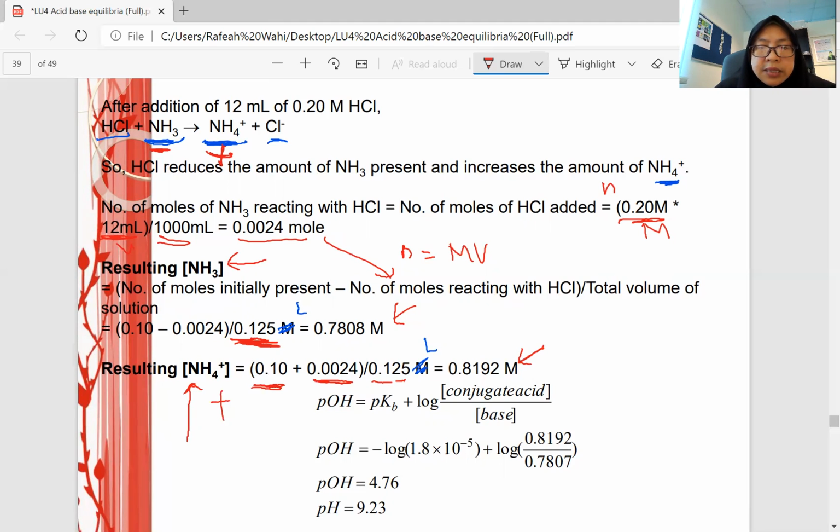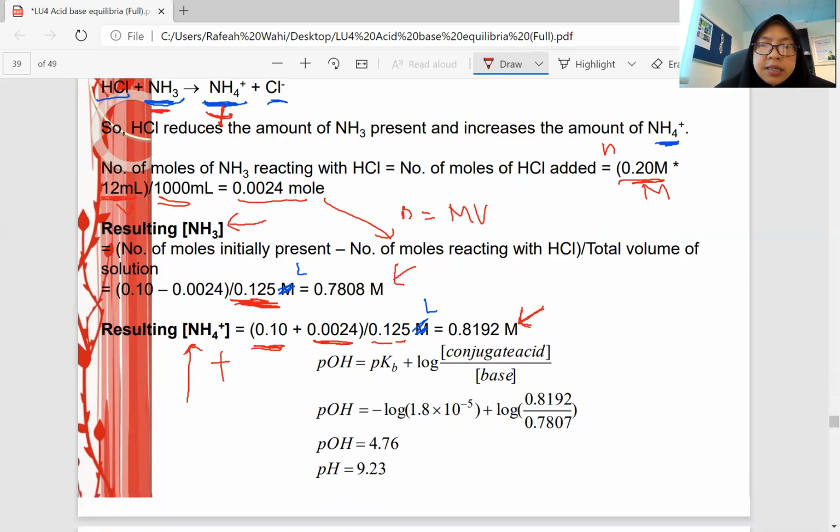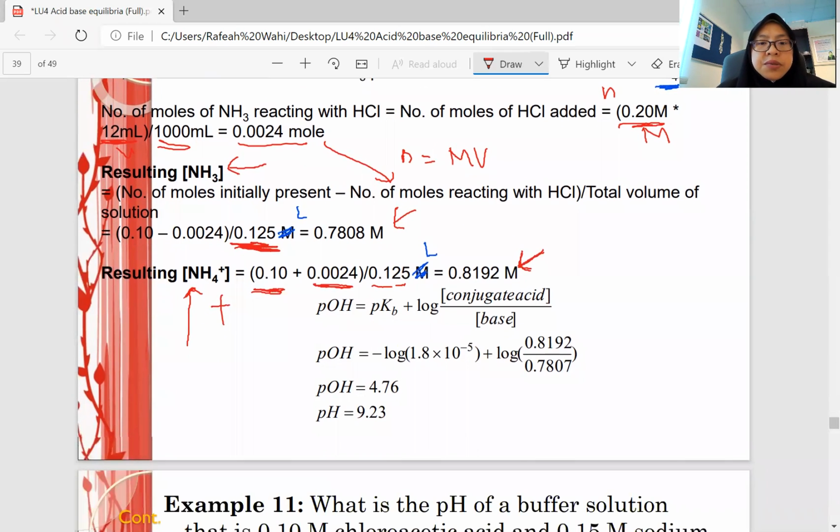You get this answer, and then replace all the values into the Henderson-Hasselbalch equation. In this case, you have the information for pKb, so you can use the pOH expression for the Henderson-Hasselbalch equation. But after that, you need to convert it back to pH by using pH equals 14 minus pOH.